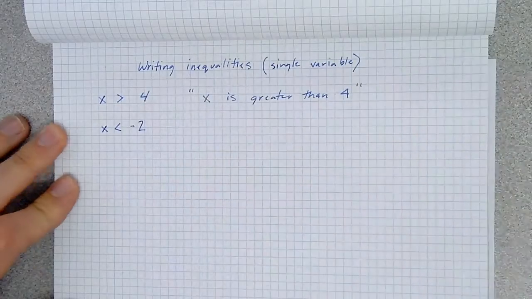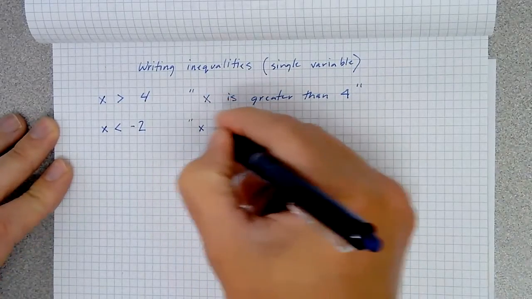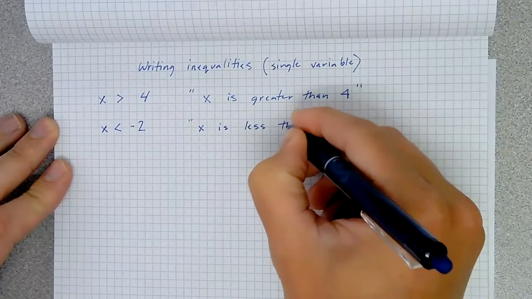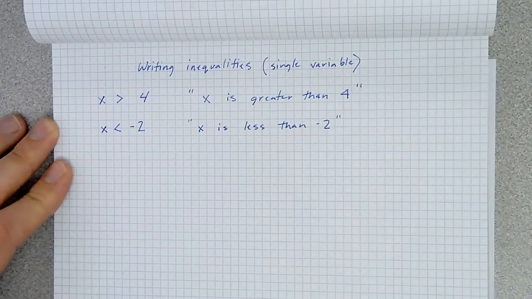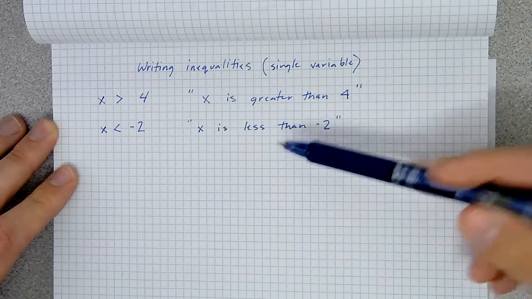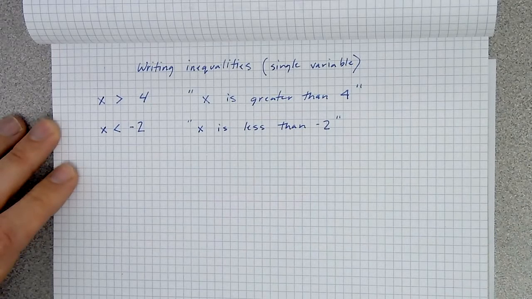Okay, if the arrow's facing the other way, then that's stated as x is less than -2.